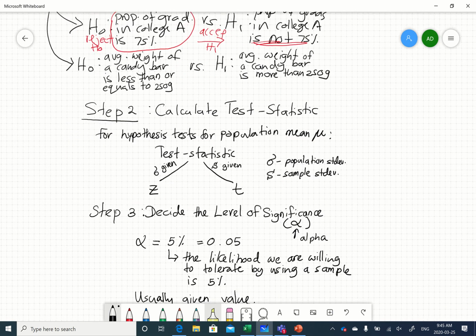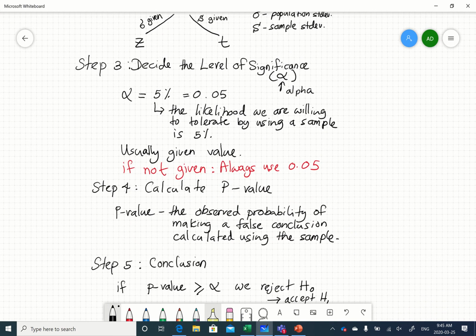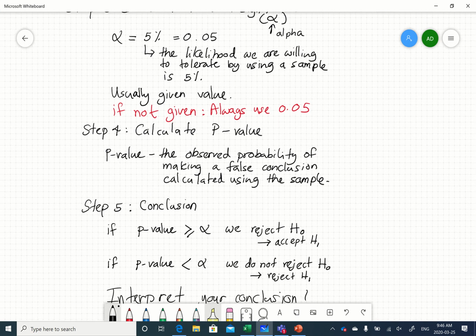And then step 2, calculate the test statistic. This will be calculated through Megastat. But for hypothesis test for population mean, you need to make the choice between Z and T based on the standard deviation. And then we decide the level of significance, usually given as alpha. If it's not given, you always use 0.05.